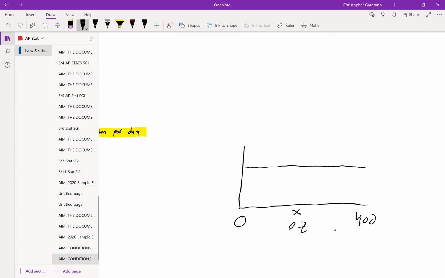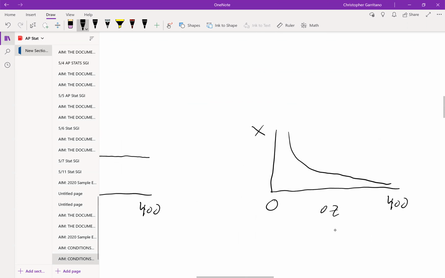I know it might be even more than that, but let's just say we cap it at 400. Maybe for each value between 0 and 400, there's the same number of people, or the same proportion of people, eating that number of ounces.